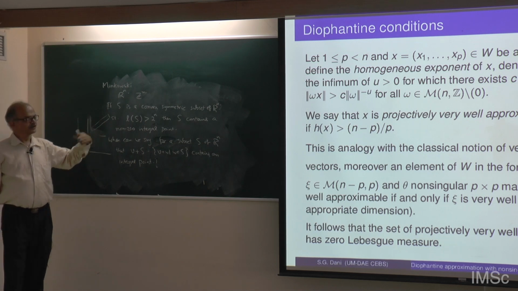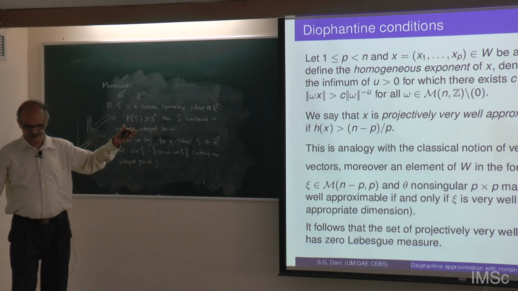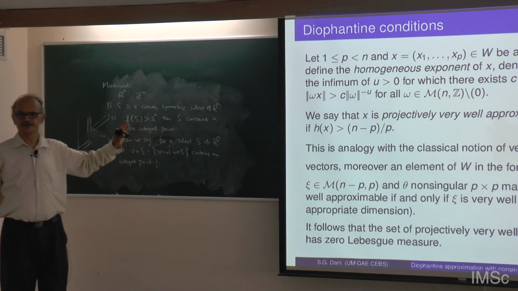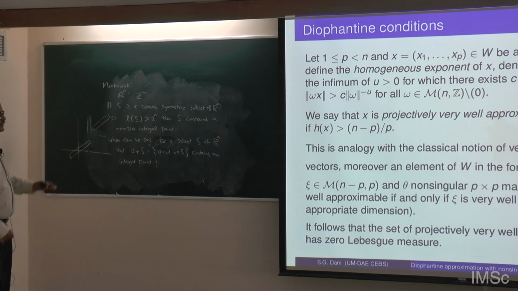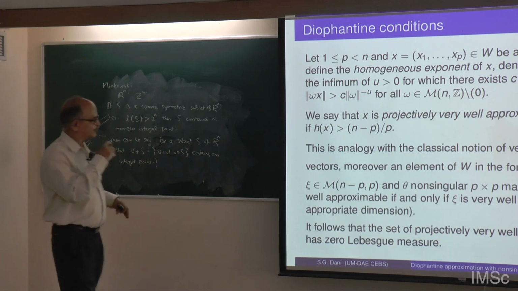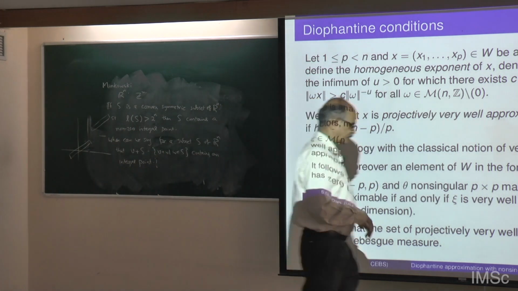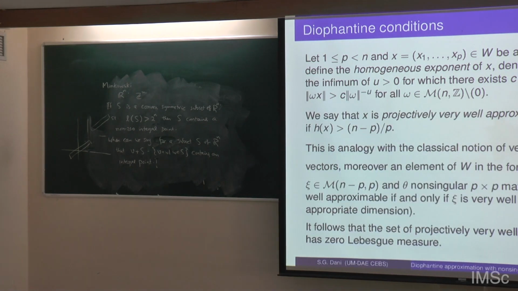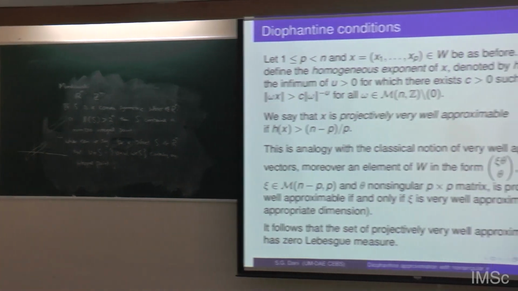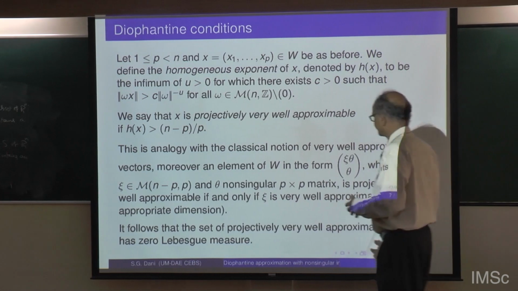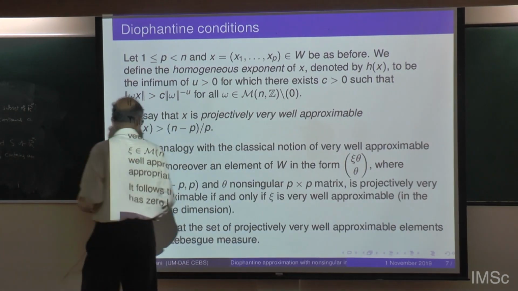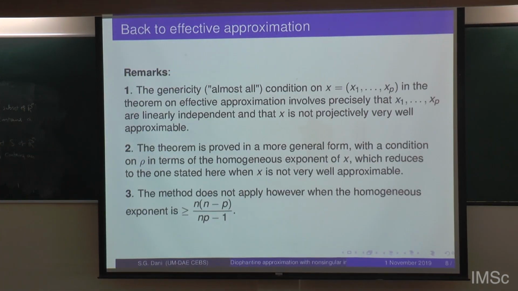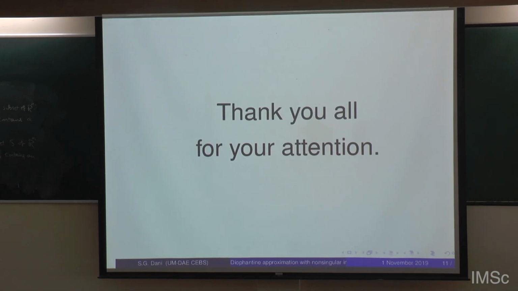So non-singular, you can actually get the determinant to be positive. So that's roughly the idea of the proof. The details, of course, would not be possible to go into. With that, I will conclude. Thank you for your attention.